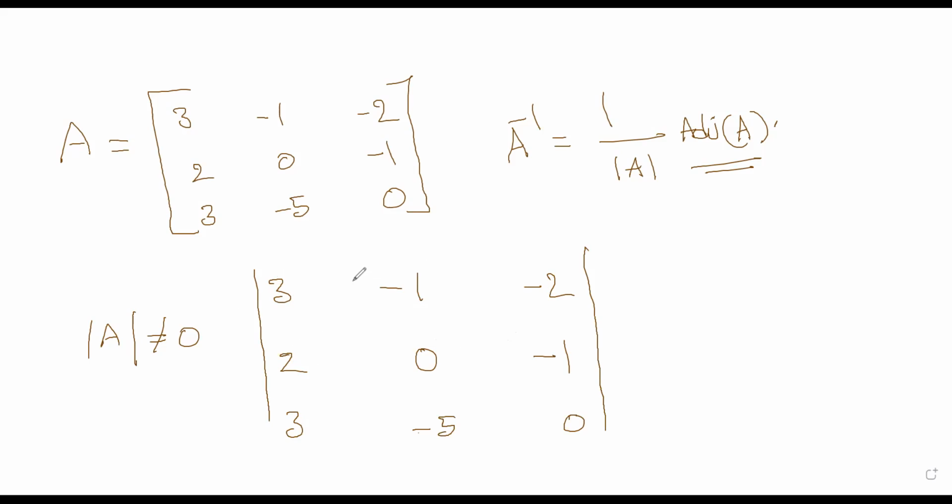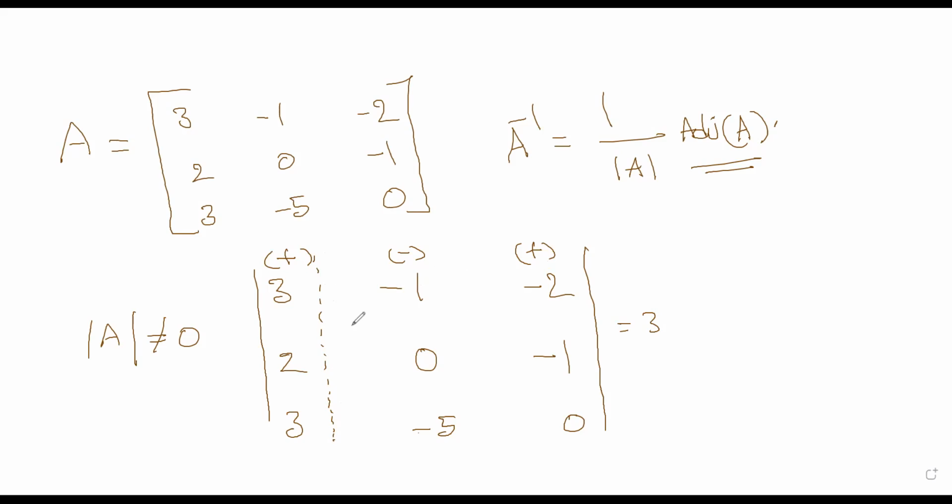Now strictly follow this process. Put plus minus plus on the first row, step by step. First write 3 and close the column where 3 is present.